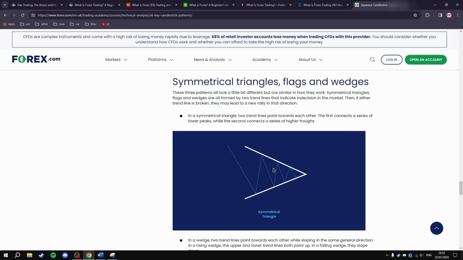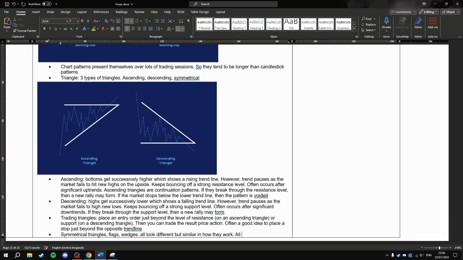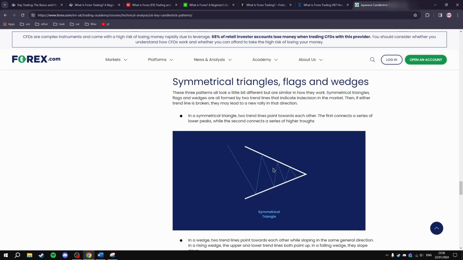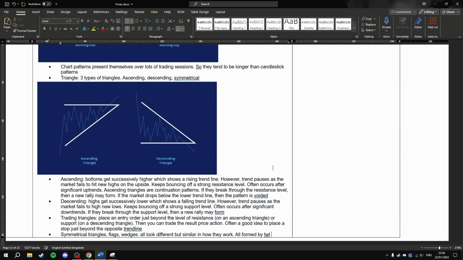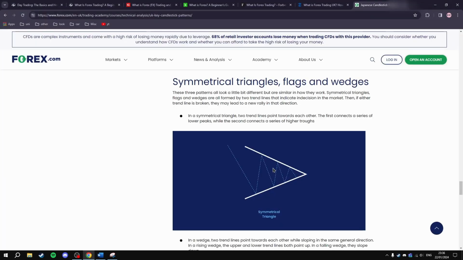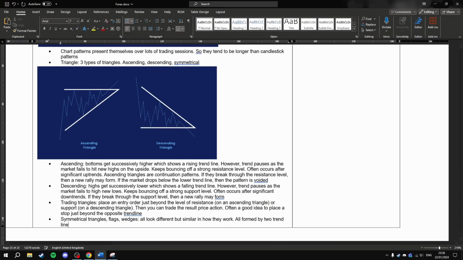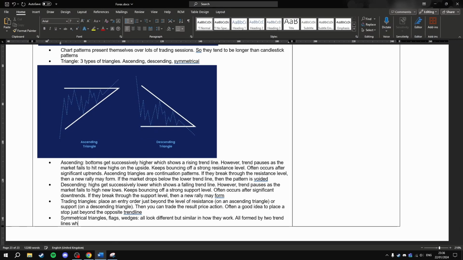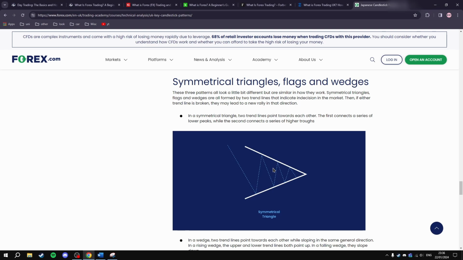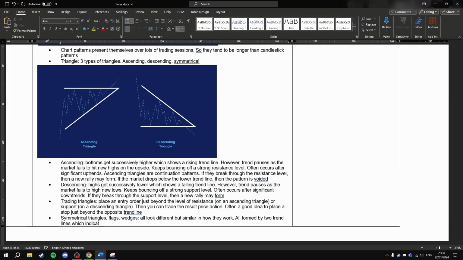Symmetrical triangles, flags and wedges are all formed by two trend lines which indicate indecision in the market.